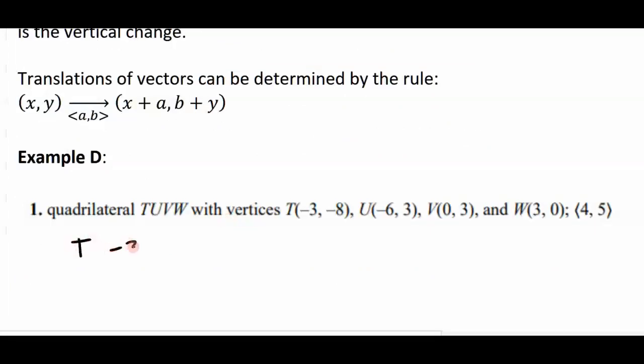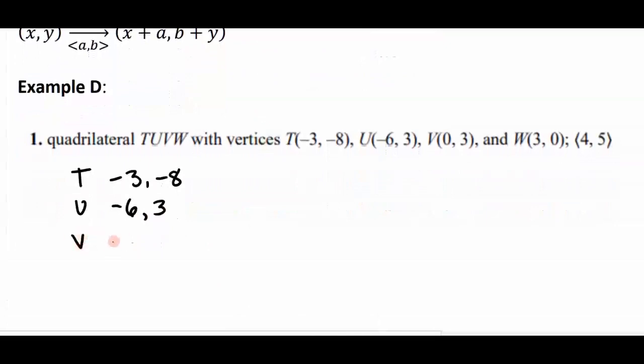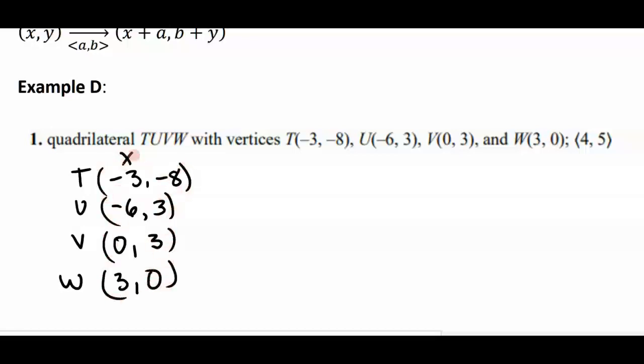So we have this quadrilateral. T is -3, -8. U is -6, 3. V is 0, 3. And W is 3, 0. This is my xy.